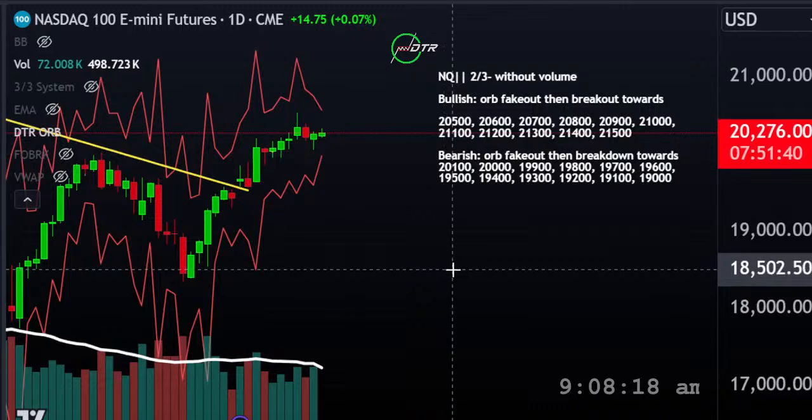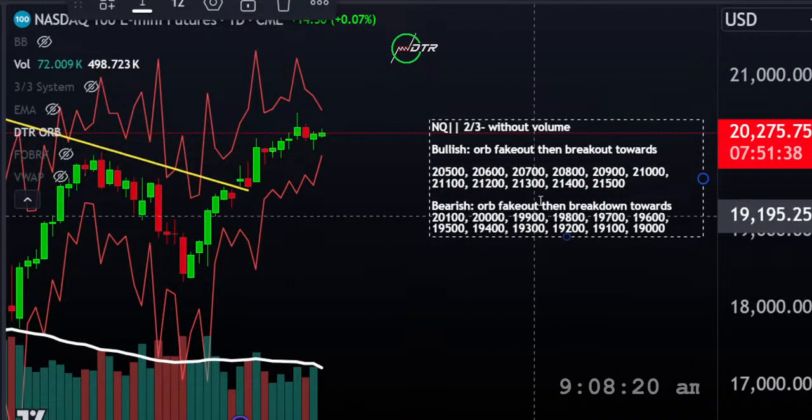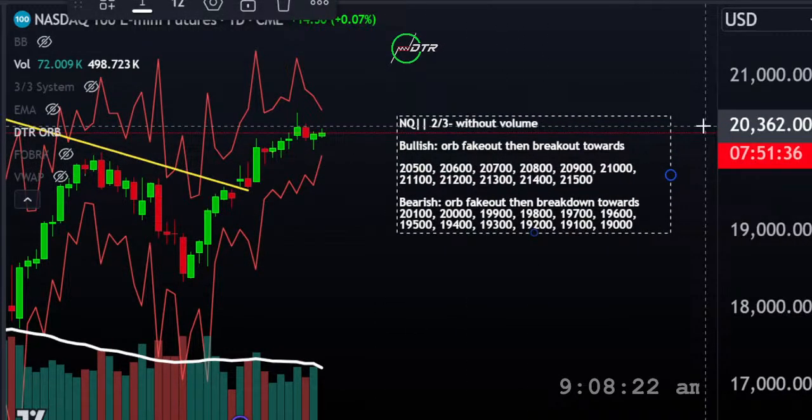All right, NQ, what's the count? Similar, not so similar. How do we feel? Yeah, it's the same, right? 3 for 3 here to the upside.